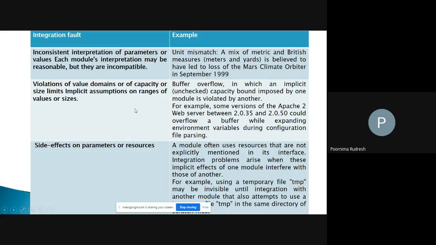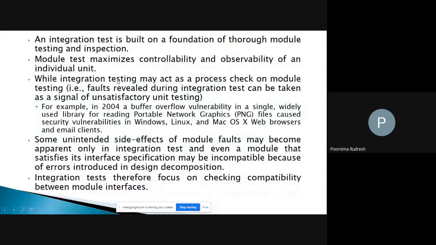Next one is violations of value domains, or capacity or size limits, implicit assumptions and ranges of values or sizes. One best example for this is the buffer overflow. In the previous slide, you have seen that in 2004 a buffer overflow exists, which caused vulnerability in the Windows, Linux, Mac operating system web browsers.